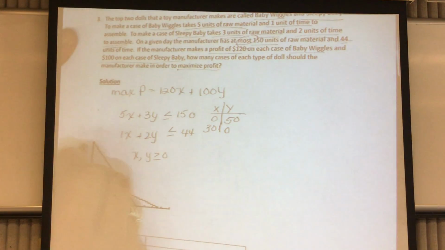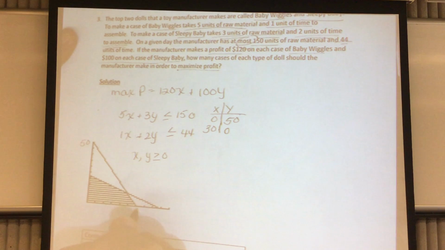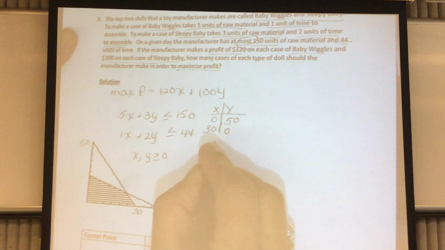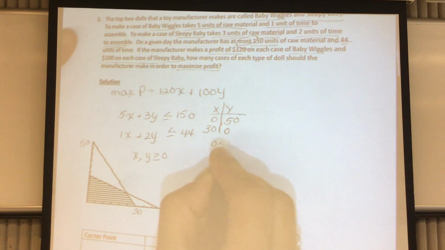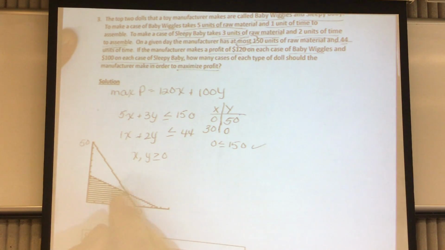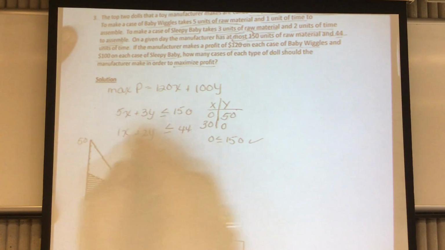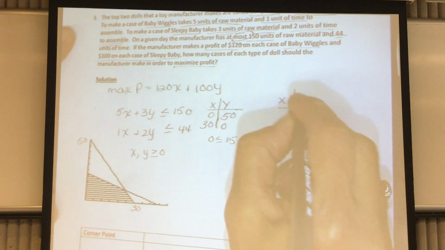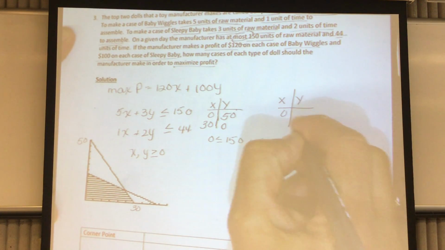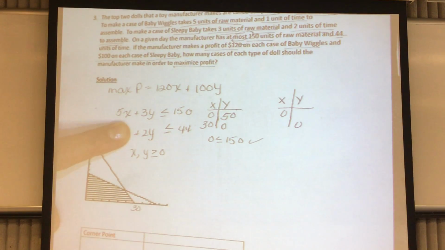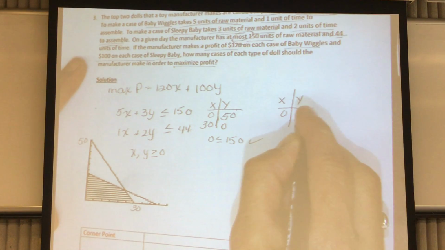So here you have (0, 50), (30, 0) is that line. Plugging in your test point of (0, 0): 0 is less than or equal to 150, which is true. So we shade below. The second inequality, let's do the same, make a table. So when X is equal to 0, you have 44 divided by 2, which is 22.